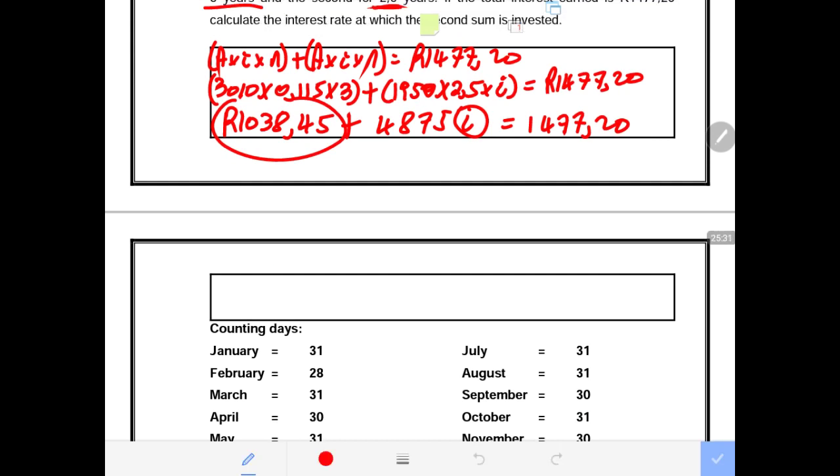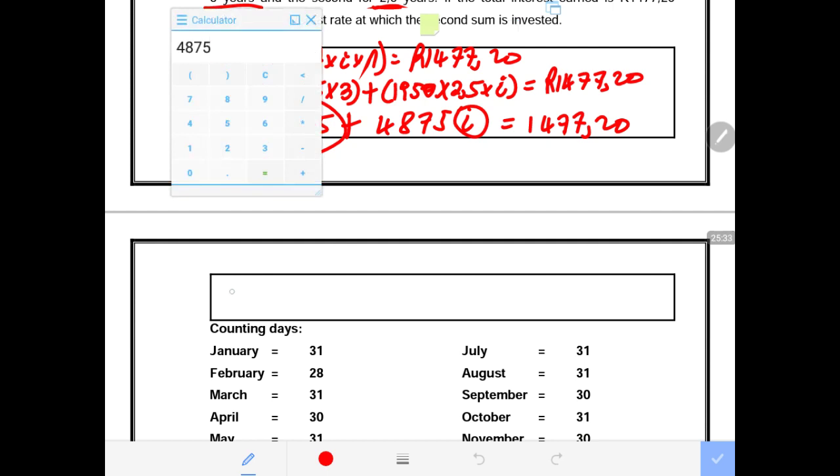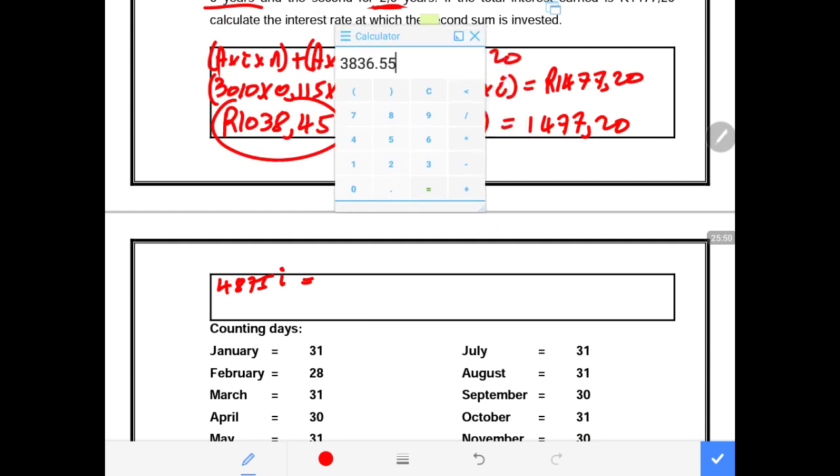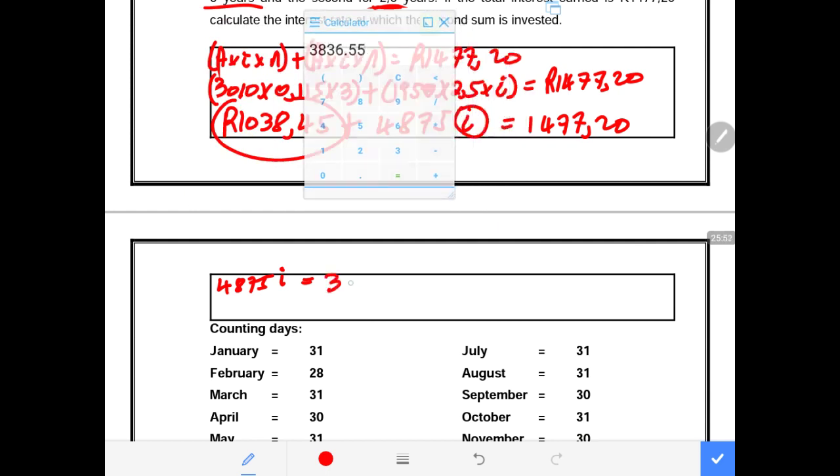So now, sorry for that, we say 4,875 I equals 4,875 minus 1,038.45. Then this gives us 3,836.55.